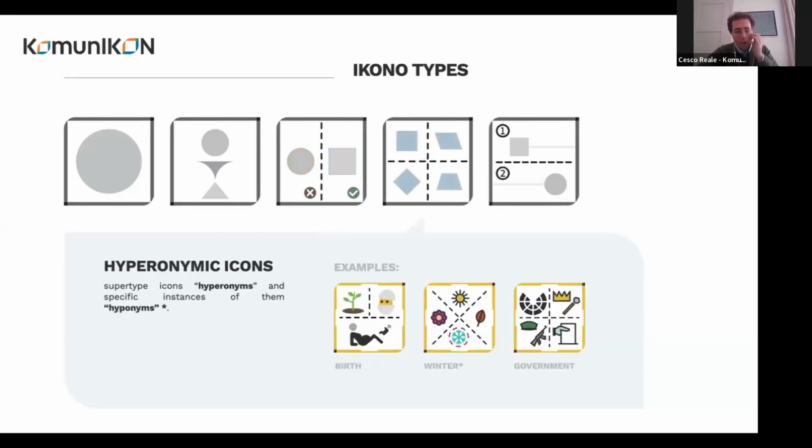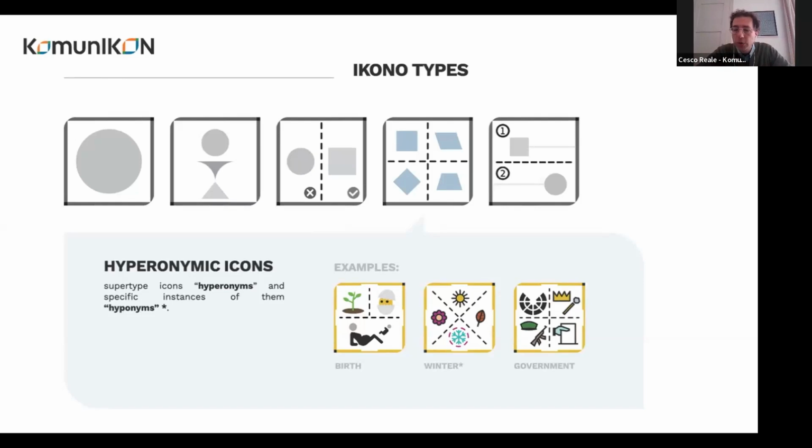We have hyperonymic icons. A typical example is fruit is a hyperonym, and apple, banana are hyponyms in linguistics. So here, for example, for birth, we have represented three different types of birth: plants, animals, and humans.